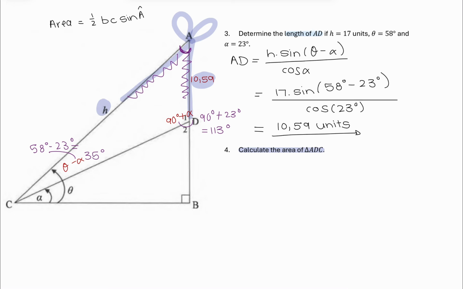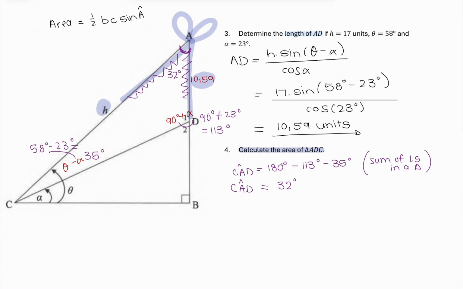Then we can just do sum of angles in a triangle. To get CAD, we would just say 180 minus that 113 minus that 35, which would then mean that our angle A must therefore be 32 degrees.